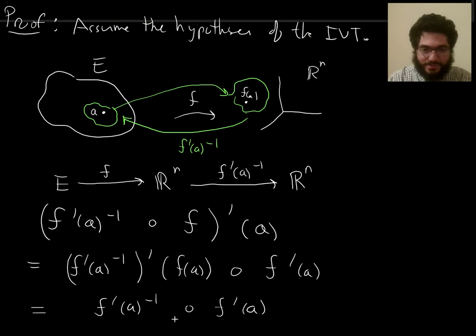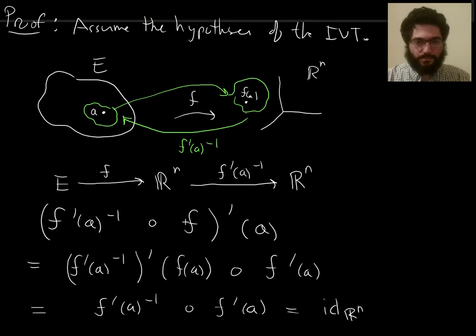What happens when you compose a linear map with its inverse? You get the identity. When you compose any function with its inverse, this is the identity function on the set Rn. Alright, interesting. So when you look at this composition, it's differentiable everywhere, and it's differentiable at a in particular, and the derivative at a is the identity linear map.